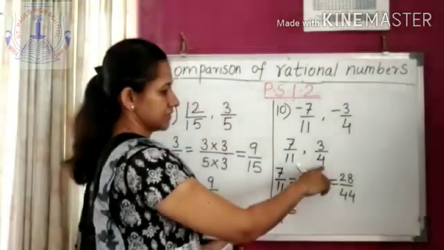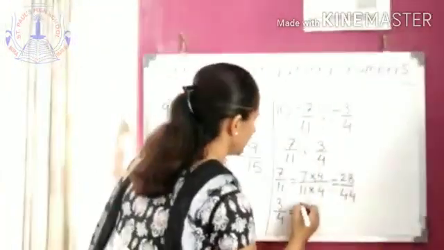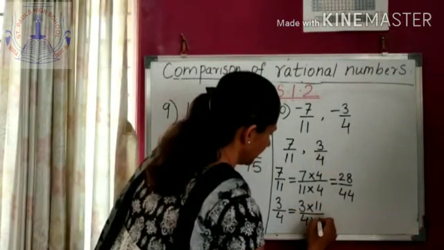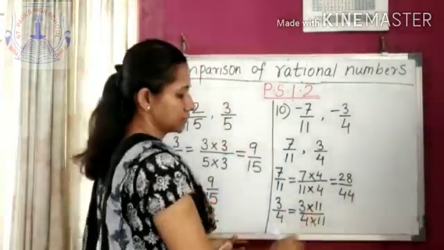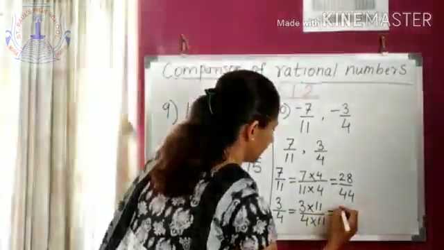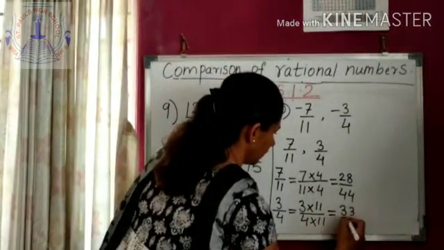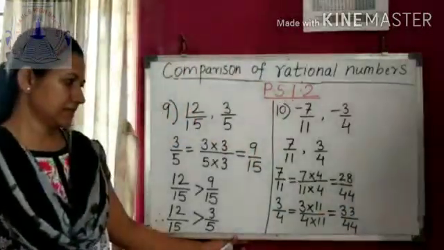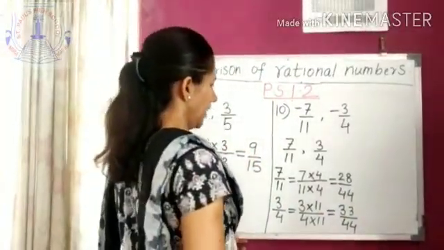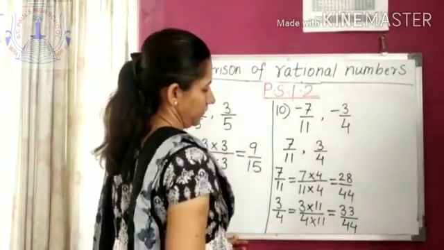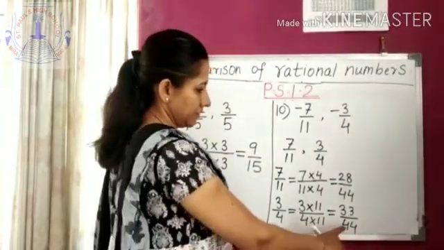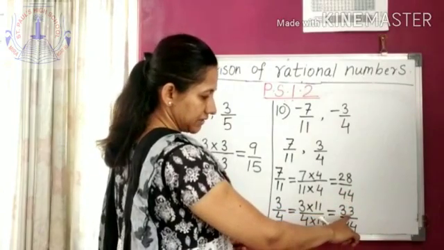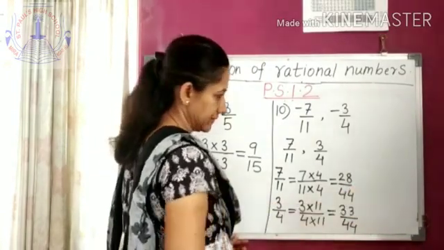Here we will be taking constant 11. So 3 multiplied by 11 upon 4 multiplied by 11, so that denominators will be equal. So you have 33 upon 44. Now here we have this fraction 33 upon 44 greater compared to 28 upon 44. If you can see, numerator 33 is greater than 28.